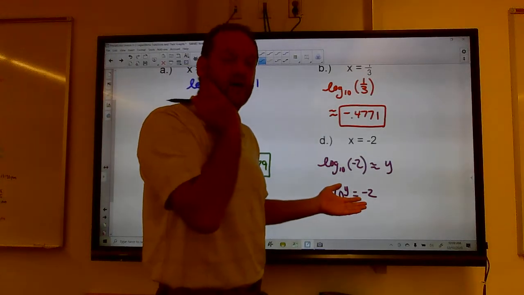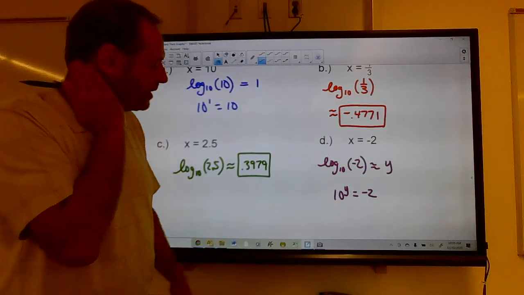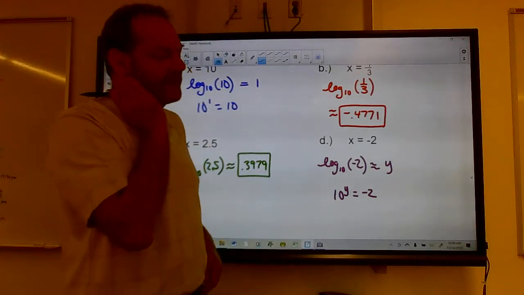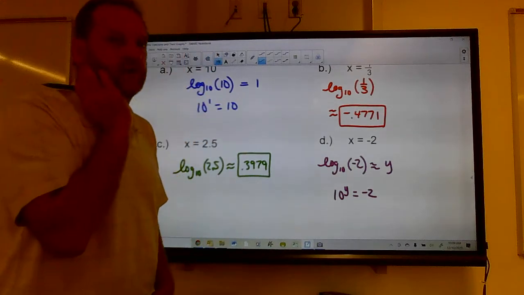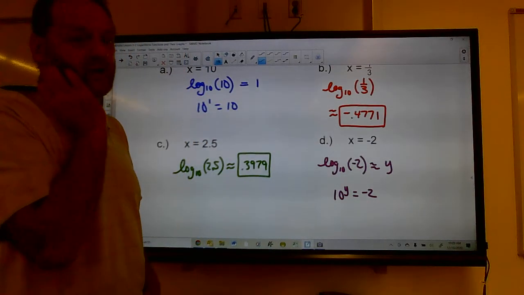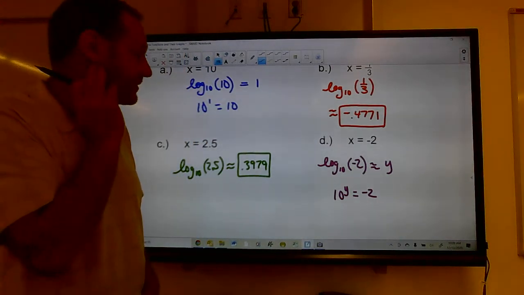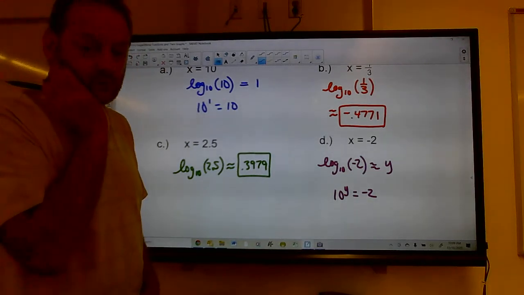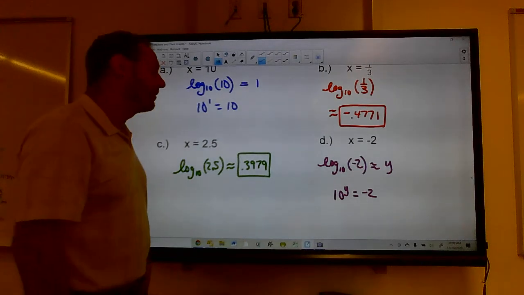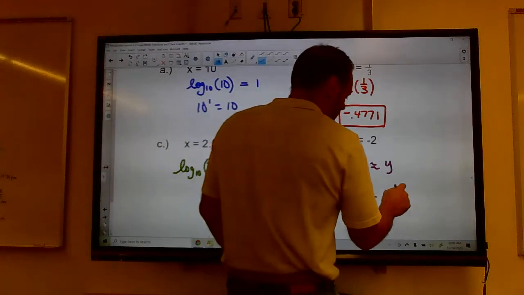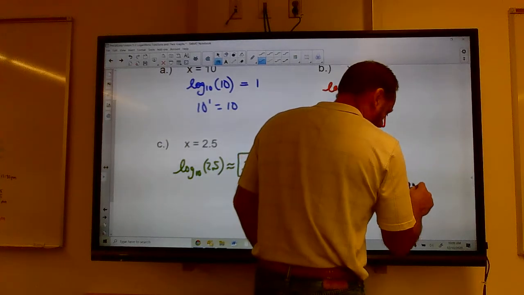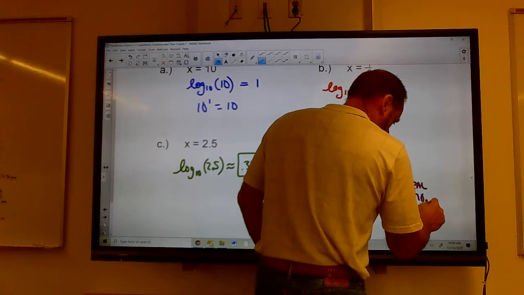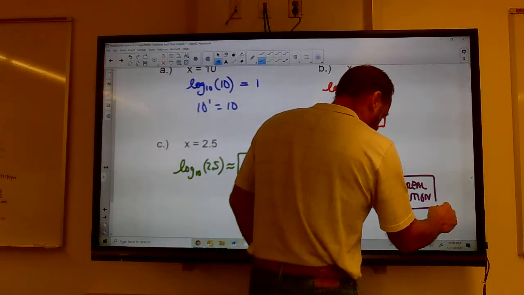So 10 squared is 100, 10 cubed is 1,000, and so on. 10 to the 0 is 1. 10 to a negative number, so 10 to the negative 1 is a tenth, 10 to the negative 2 is a hundredth, 10 to the negative 3 is a thousandth. This thing is never going to be negative 2. Okay, so yeah, this has no real solution. Anytime you try to take a log of a negative number, it's never going to work.